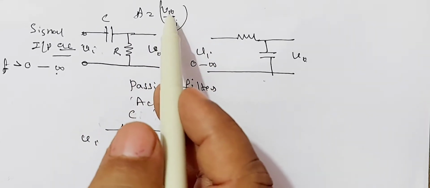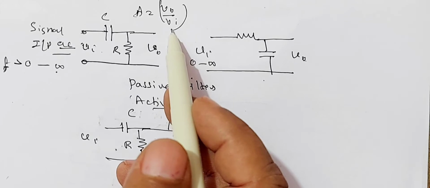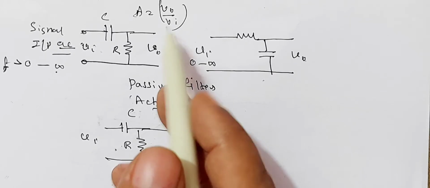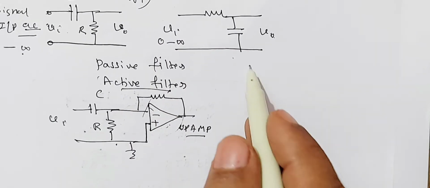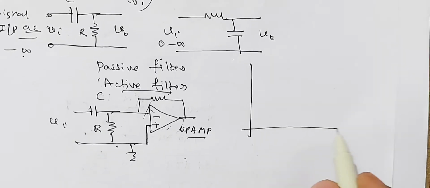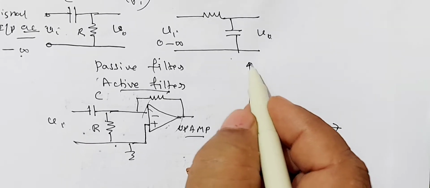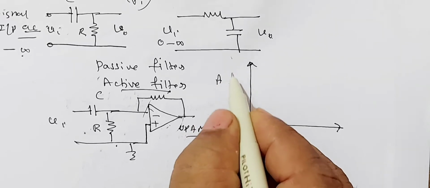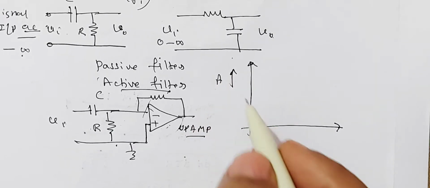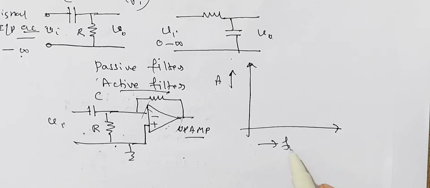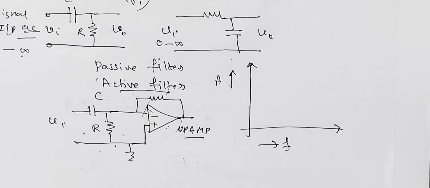So you get gain for different values of input frequency. Then plotting this gain against frequency, putting gain along the y-axis and frequency along the x-axis, this is called frequency response or magnitude frequency response.